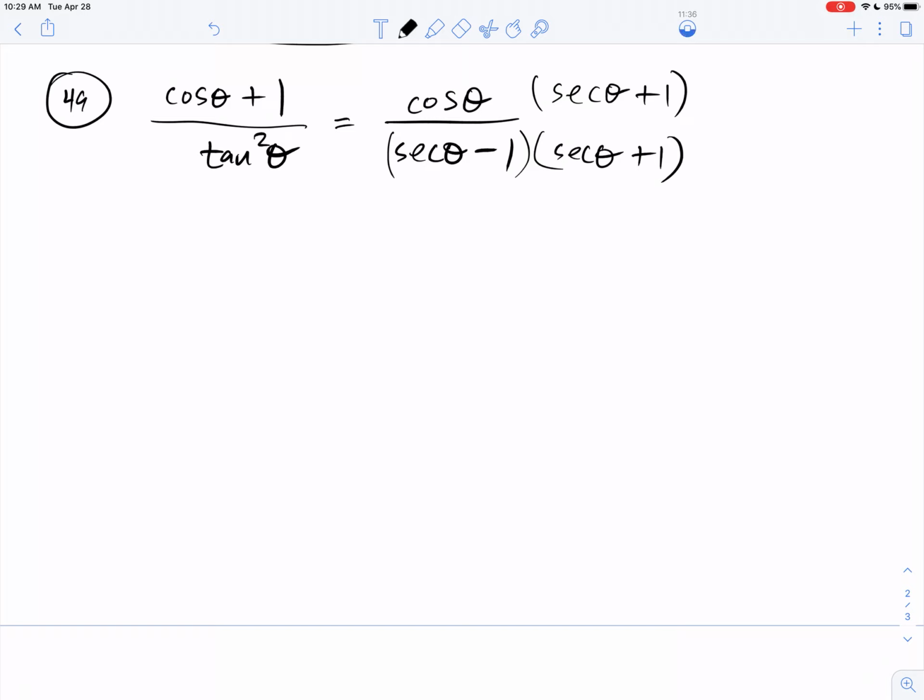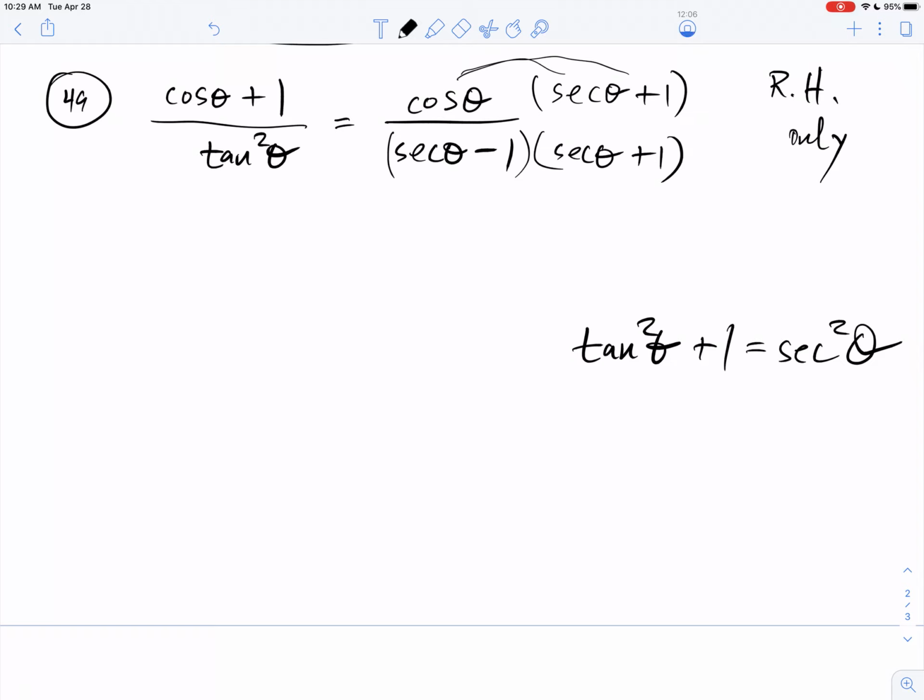If I FOIL the bottom, I should notice something because I know how tan and 1 sec work. That's my key to the bottom. But in the top, you just have to distribute and be very aware of what you're about to see. This is a right-hand only identity.